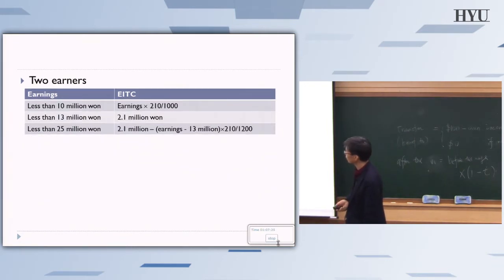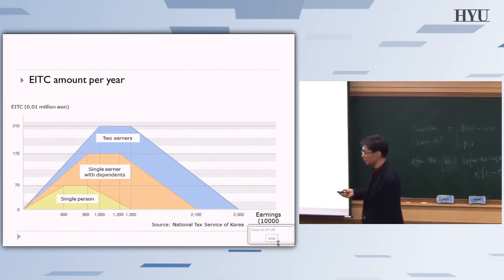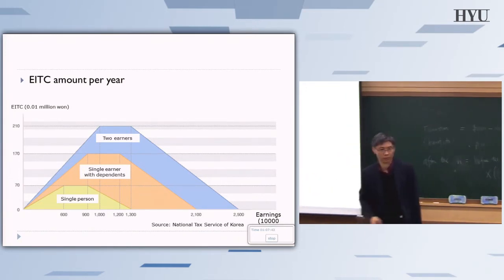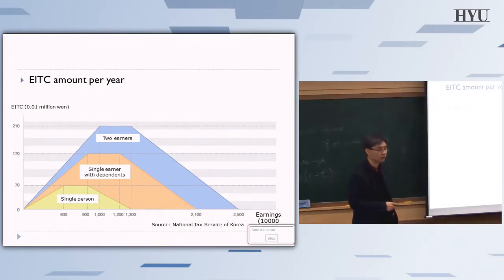Okay, I will show you the diagram. It's easier. So this is the EITC subsidy amount. If your earnings increase, the subsidy increases. Okay? So if you earn more, you get more money from the government. But at some point, they should reduce it because they cannot give you subsidy forever.